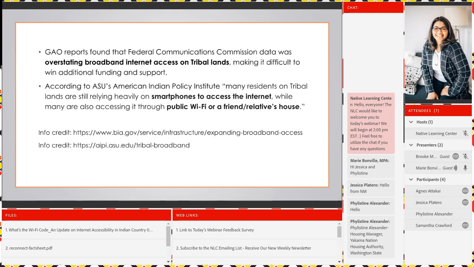And yes, funding did come in to support these efforts, but it's long overdue and there's still much more work to be done. The GAO also found that the FCC data overstated broadband internet access on tribal lands, and that's not news to us either in regards to being underserved and unreported, right? So it was difficult to get additional funding and support because the information was incorrect.